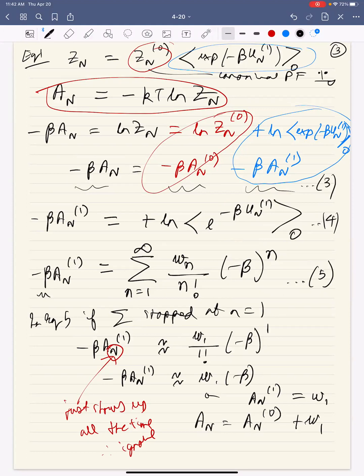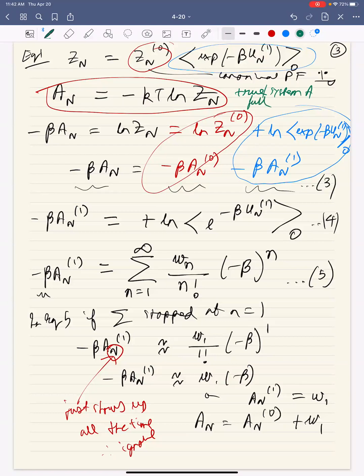We realized that I had switched from writing Z instead of Q, but you are smart, you remembered. So A, the Helmholtz free energy, comes from the log of the canonical partition function. We said that this over here is the true system A, the full system, not just reference, not just perturbation, the full thing.